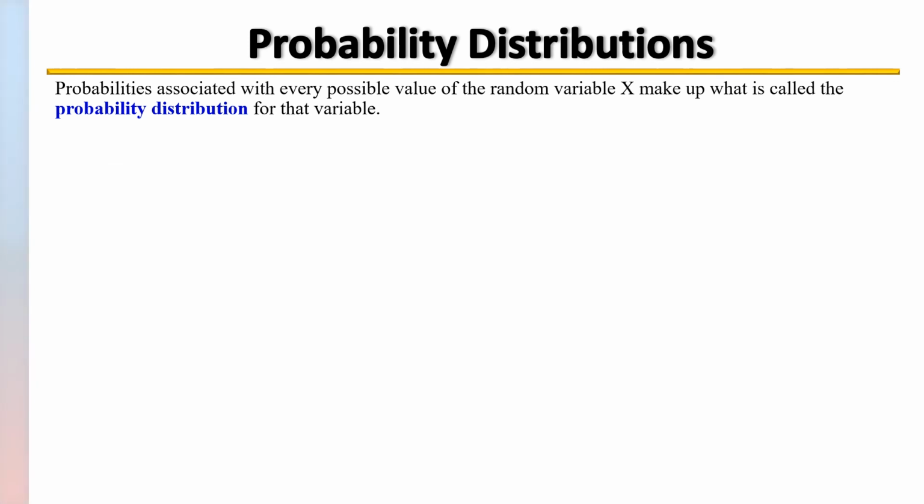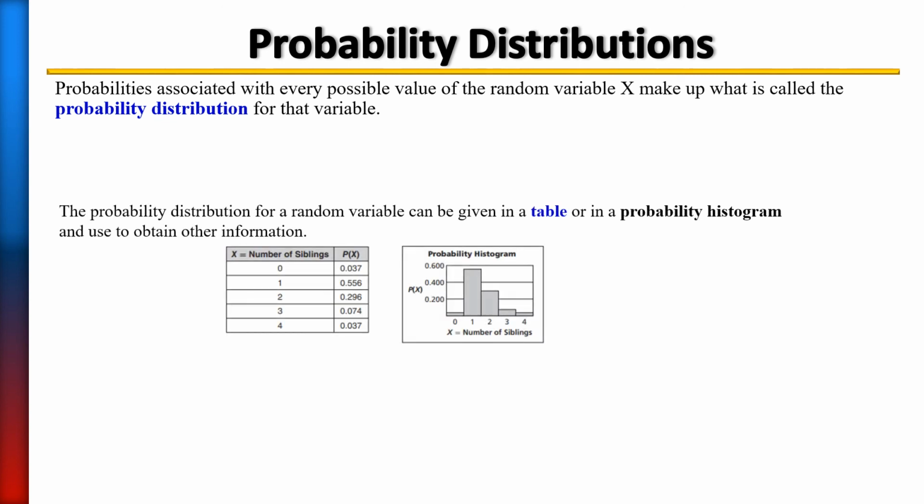Probabilities associated with every possible value of the random variable x make up what is called the probability distribution for that variable. Here's an example of a probability distribution table and its histogram.